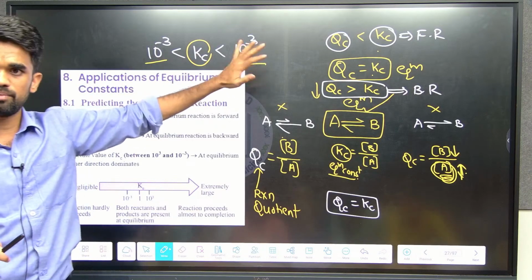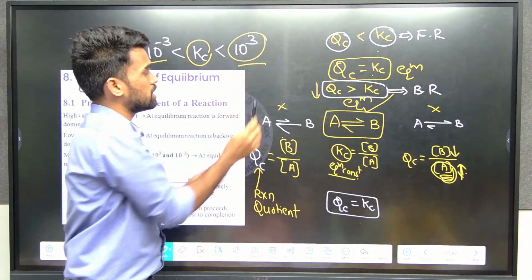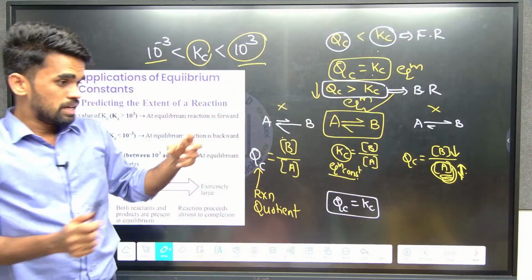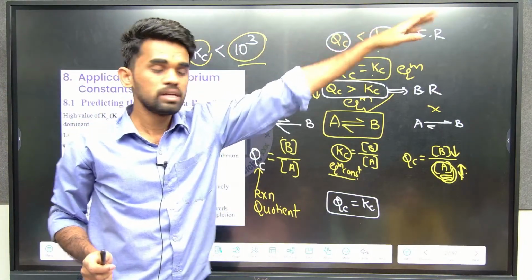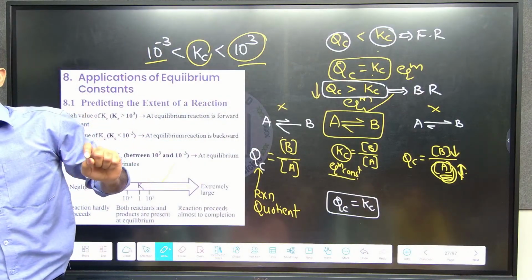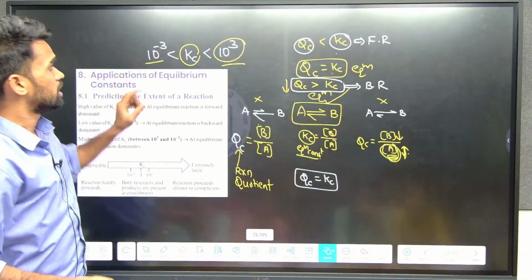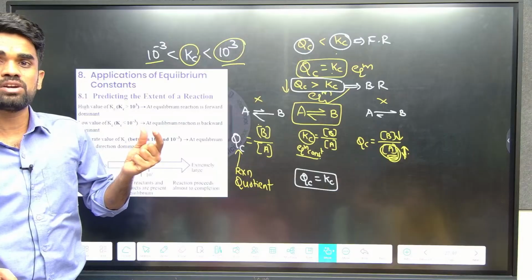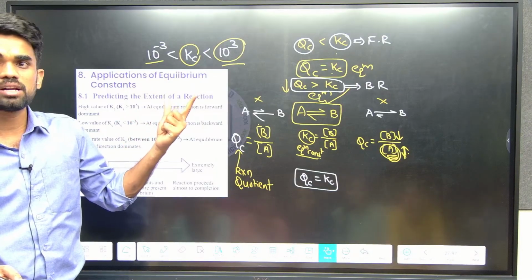Okay, what if the value is greater than this? It means the reaction is more favoring towards forward only. If the value is less than this, the reaction is more favoring towards backward. That's it. So for an equilibrium reaction, Kc values lie between 10 power minus 3 and 10 power plus 3.